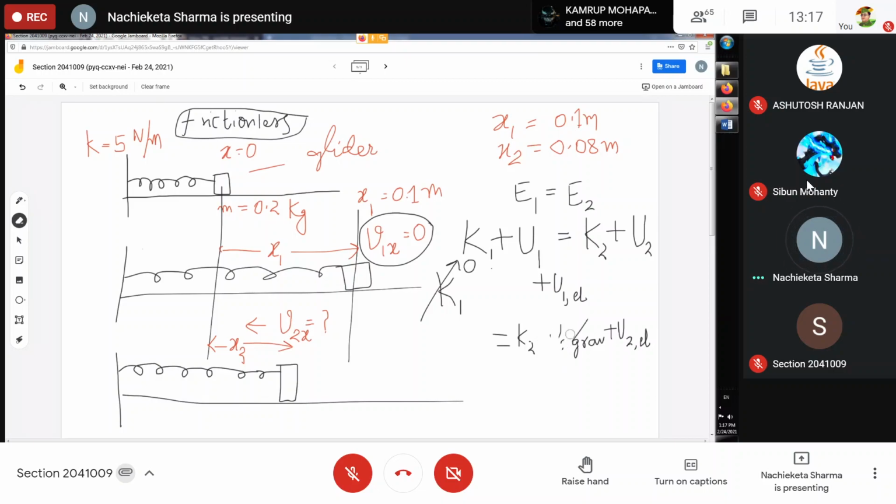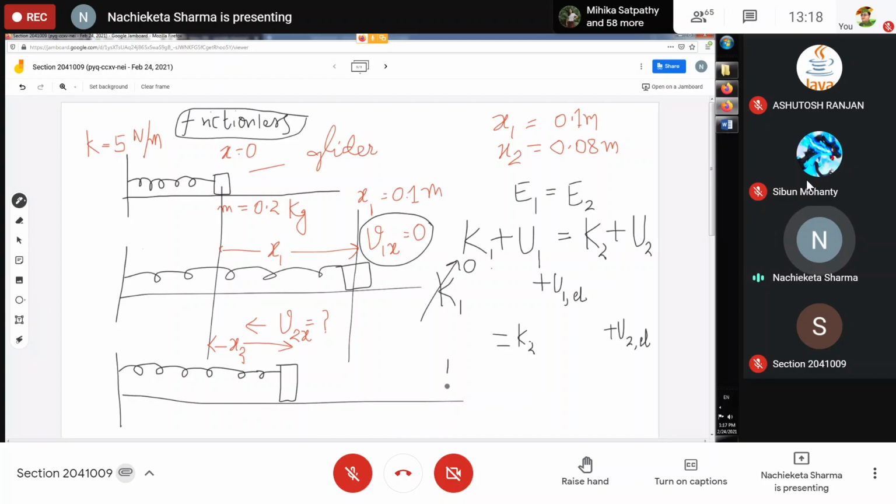Okay, now what you are going to find out? What is your purpose? Finding the velocity of the glider when it is at a distance of 0.08 meter from the mean position. Okay, that means here. And where that v2x is there? In this k2.